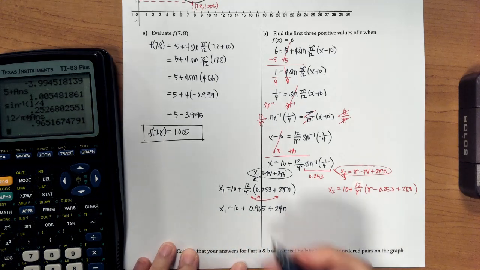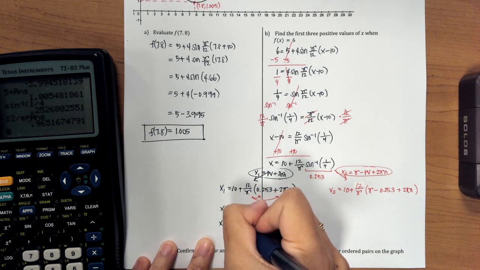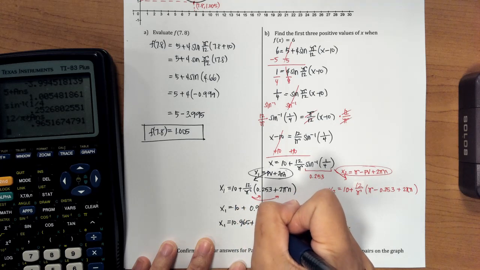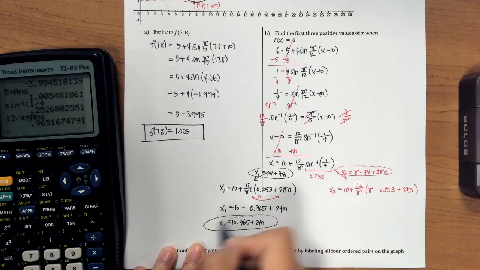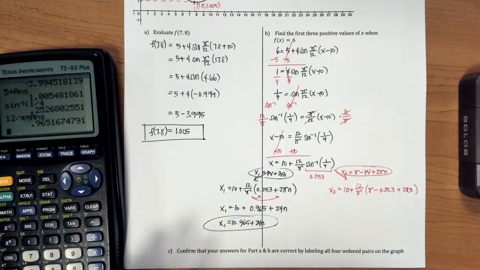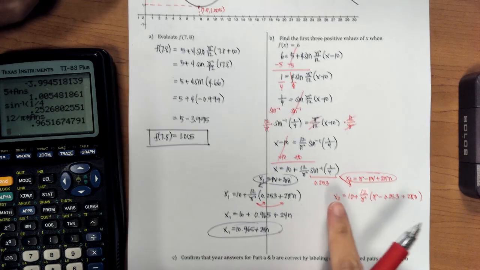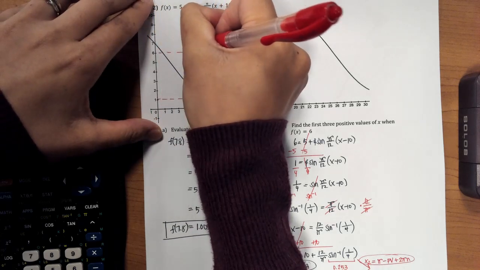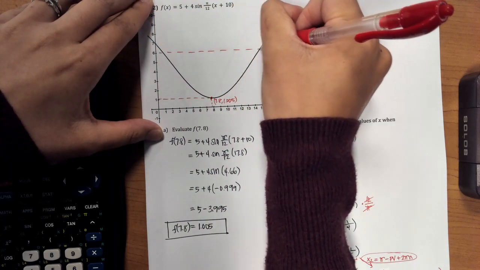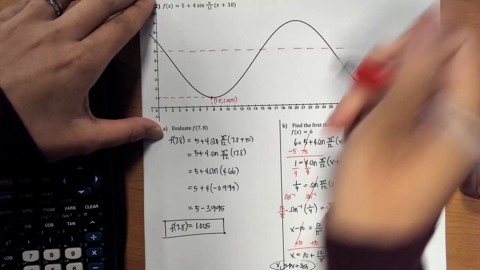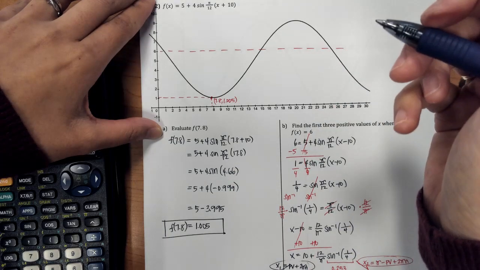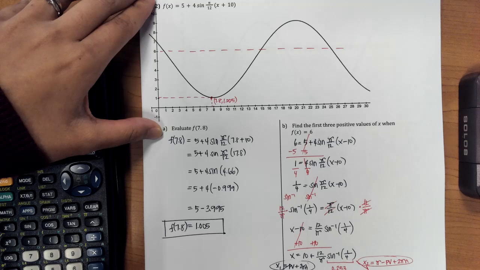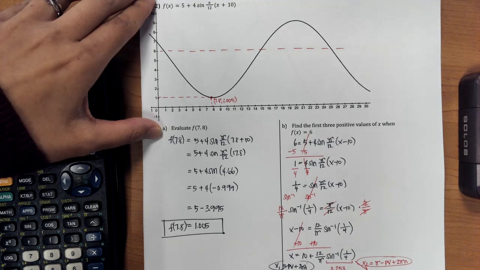Add these together: 10.965 plus 24n. Let's do a quick check. Make sure we're heading in the right direction. We need it to equal 6. And, uh-oh. Something went wrong. Pause.